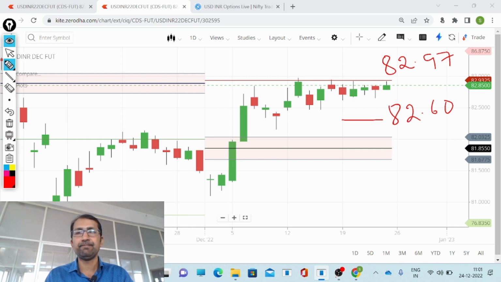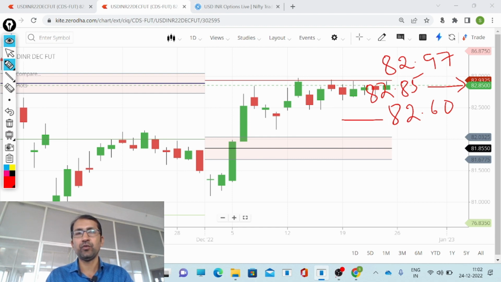And 23rd December 2022 USDINR ended at 82.85. So 82.85 is the level that it ended. Now, there is a very important thing you must understand here, that year-end trade, year-end positions will be triggered. That is one thing.